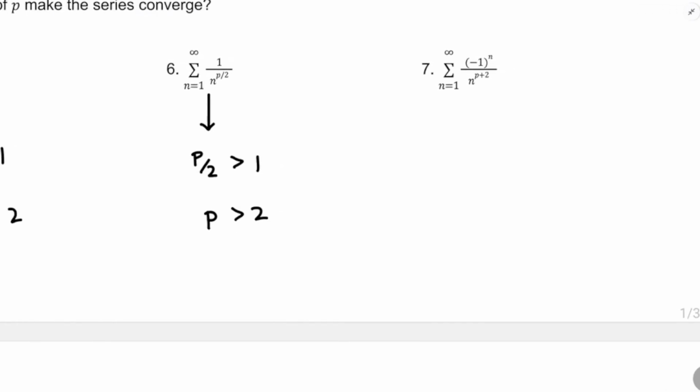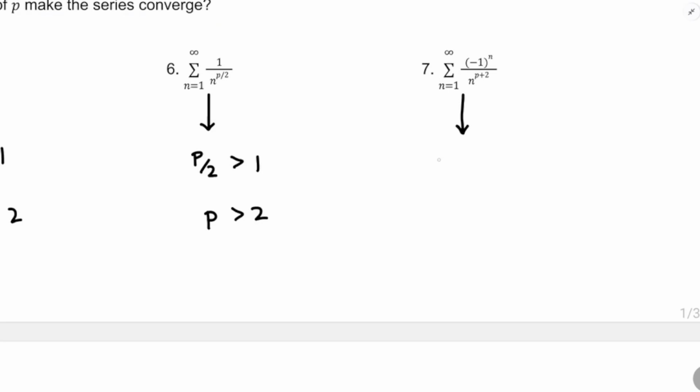Then this other one over here is an alternating series. As long as that power works in such a way that n stays in the denominator, I'm going to have convergence by the alternating series test, because any positive power of n in the denominator gives terms that are alternating, decreasing in magnitude, and going to 0.